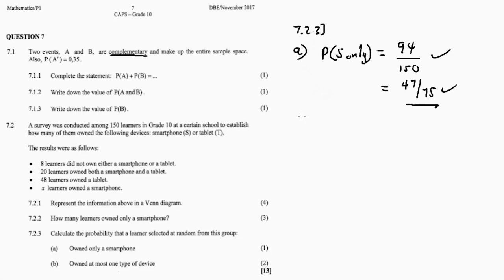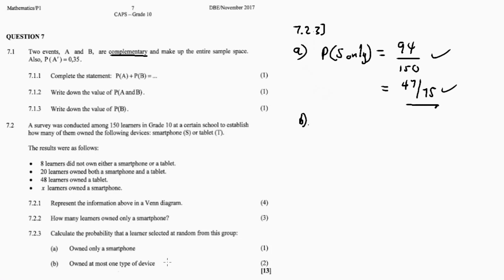And then siyaku B, owned at most one type of device. So sifuna ukuthola lama students lawa aphethe only one device or nothing at all, right?